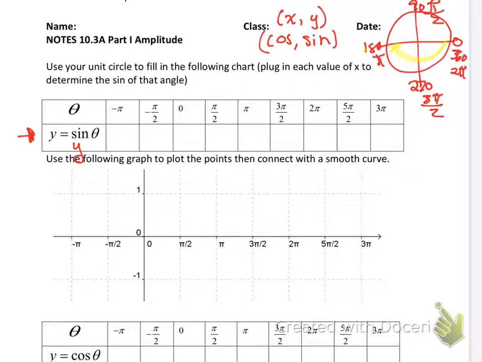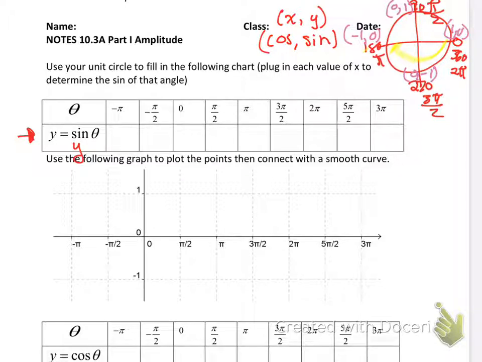I'll try and do it in another color for you. X is going to be negative 1, y is going to be 0. And then this way, x is 1, y is 0. And then x is 0, y is negative 1. X is 0, y is 1. All right, just to give you an idea.